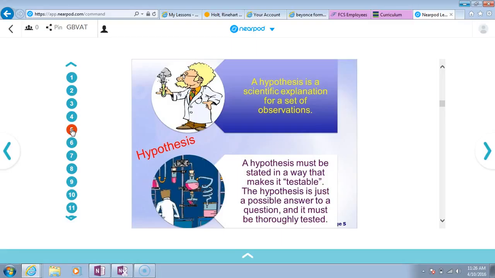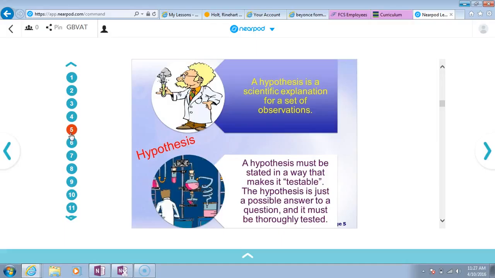But in order for a hypothesis to come about, a question has to be formed, and then your hypothesis will be answering that question. All right, but when you're answering that question, that statement, which is your hypothesis, has to be testable. All right, so you have to write it in a way that the statement can be tested, okay, as you answer the question, to the entire experiment.